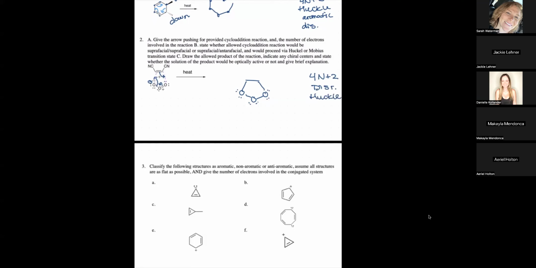I just want to write down everything you just said. And then, so Huckel loop is what? Super or super antra? Super, right. So with this on your dienophile, so everything except for the directionality, right?